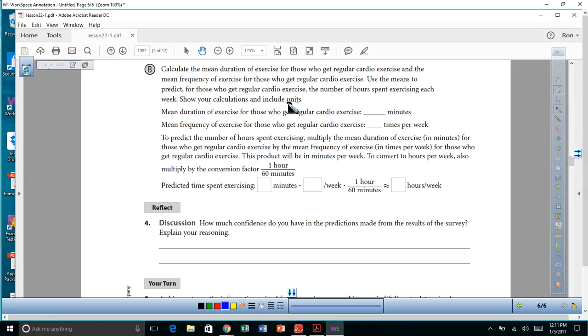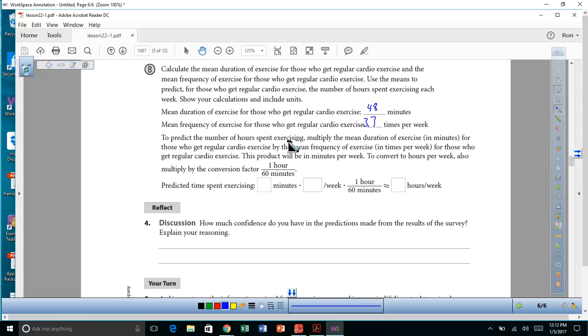Show your calculation and include units. Mean duration of exercise for those who get regular cardiovascular exercise, that's going to be 48 minutes. All right. Mean frequency of exercise for those who get regular cardio exercise is going to be 3.7 times per week.